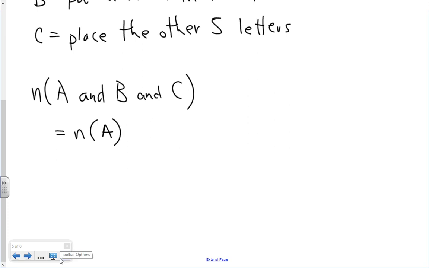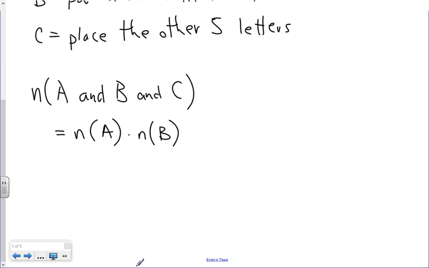Since we're using the word "and" here, we're going to be multiplying these together. So it's times the number of ways of event B occurring there, which is the vowel in the 7th spot. Now, because the Q is not a vowel, those are not dependent events there.